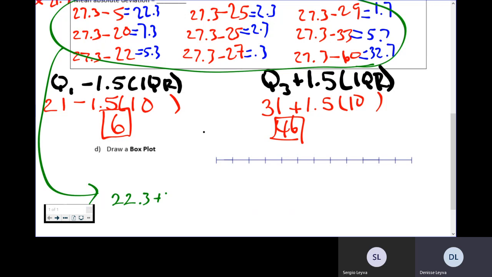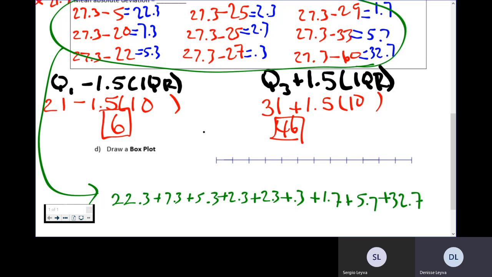So I'm gonna do 22.3 plus 7.3 plus 5.3 plus 2.3 plus 2.3 plus 0.3 plus 1.7 plus 5.7 plus 32.7 divided by, how many do we have?